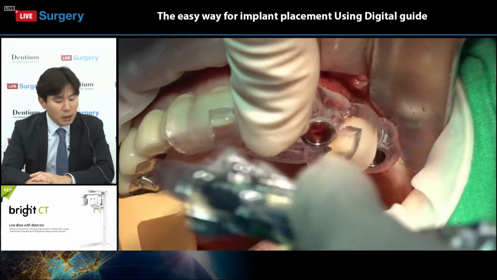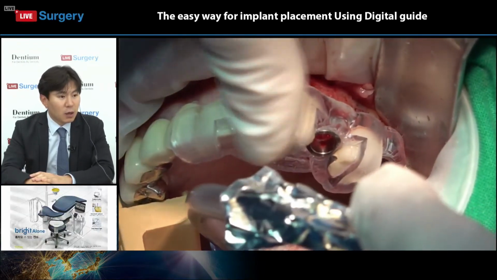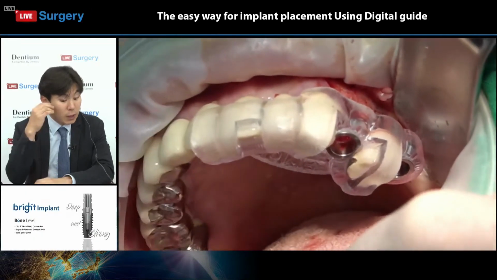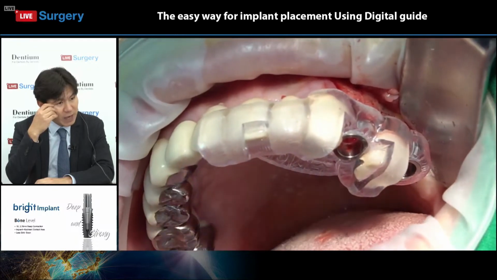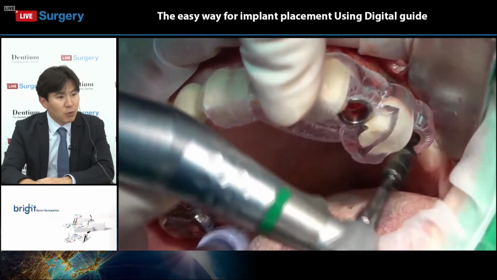And this drill is to flatten the bone irregularity, to make it easy to place the implant fixture in a proper position.